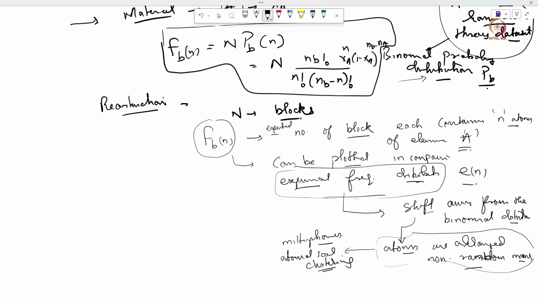This hints that there might be multi-phase alloys, or there might be nanoscale clustering in the alloy. Fine.